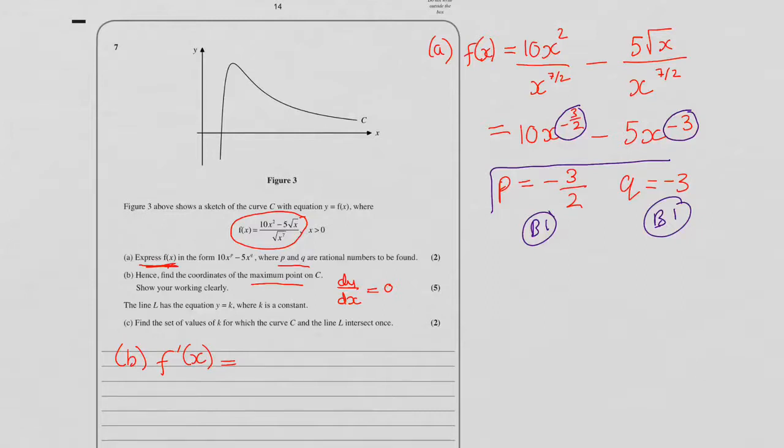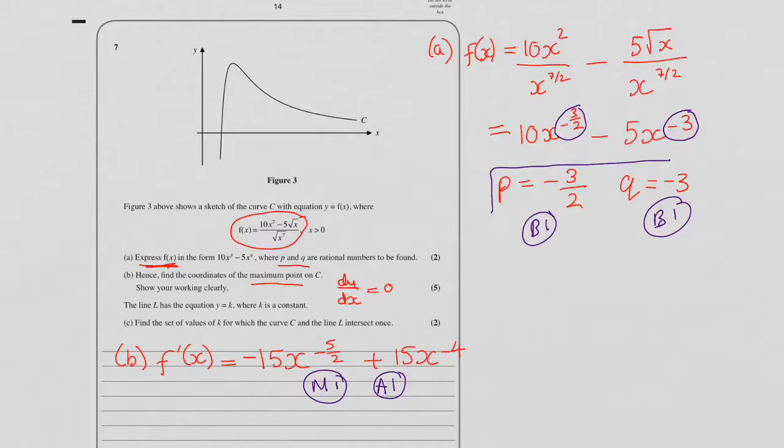So that gives me minus 15 x to the minus 5 over 2 plus 15x to the minus 4. Now marks here, you get a method mark and an accuracy mark for differentiating them. One for attempting to differentiate it and one for doing it correctly.